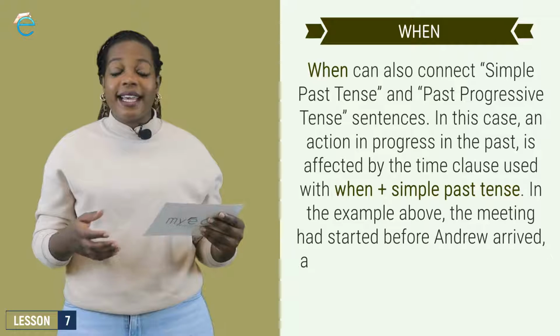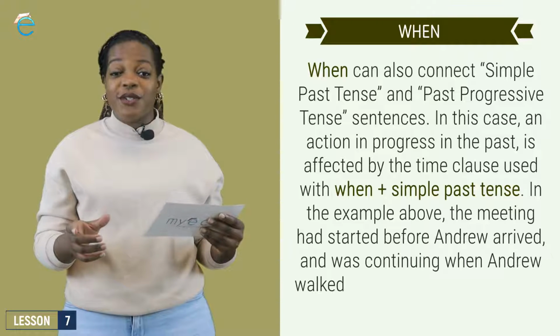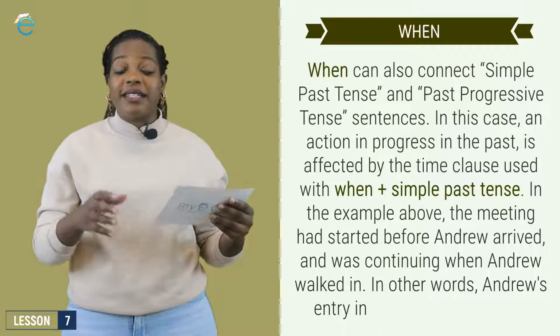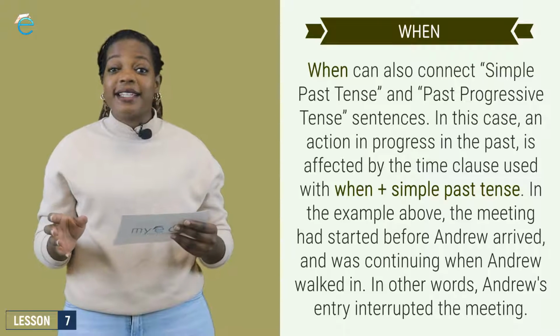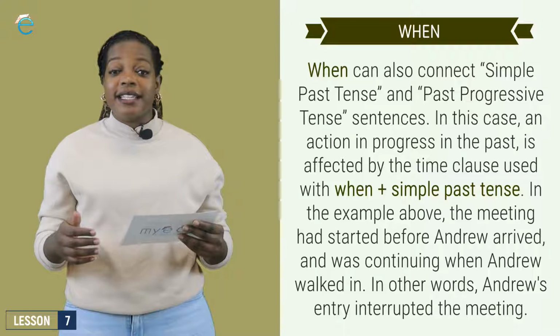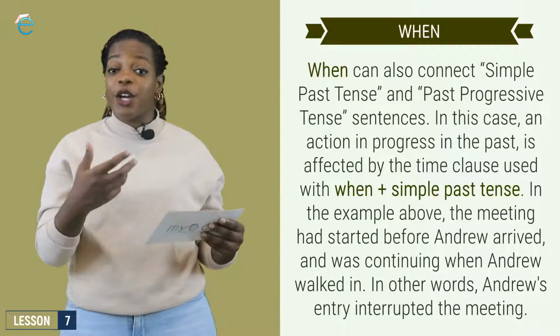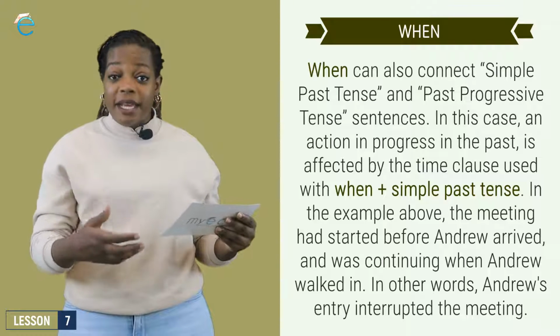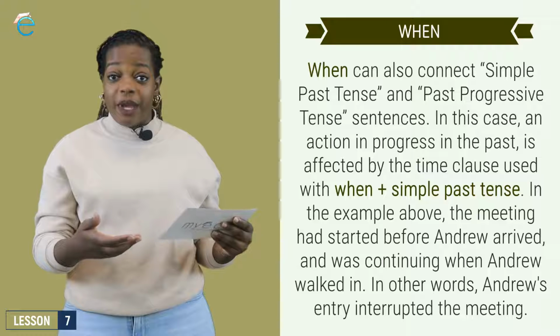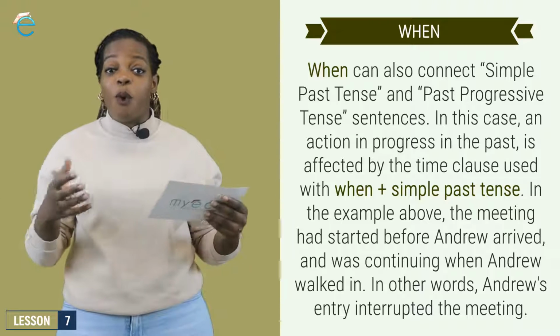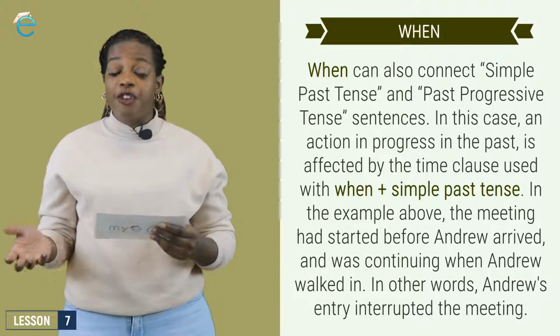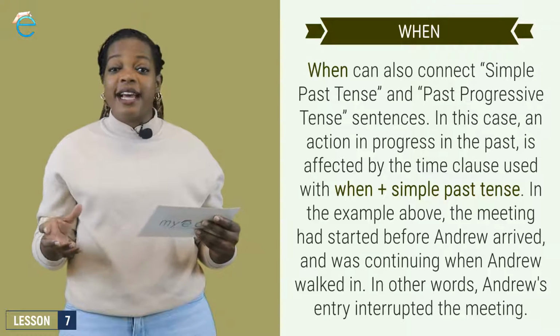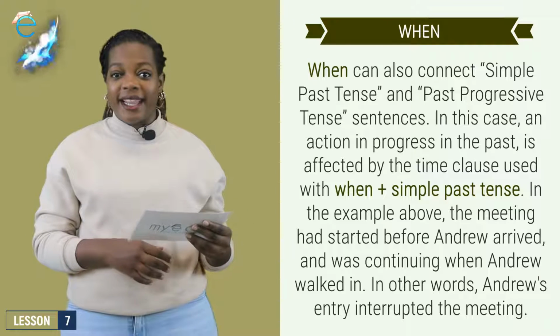In this case, the structure that is using the when plus simple past is the action that is interrupting the continuing action. Here, the meeting was continuing when Andrew walked in. Andrew walking in is our interruption in this case.